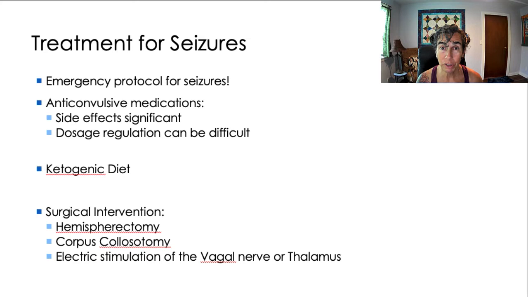A ketogenic diet is another type of treatment. And interestingly, people are going on ketogenic diets for their health. I won't comment on that, but the ketogenic diet is basically very, very high in fat and protein. And the idea is that the fat is going to help build the myelination in the nervous system, and the myelination is going to insulate the nerves and the electrical system so that it reduces the frequency of seizures.